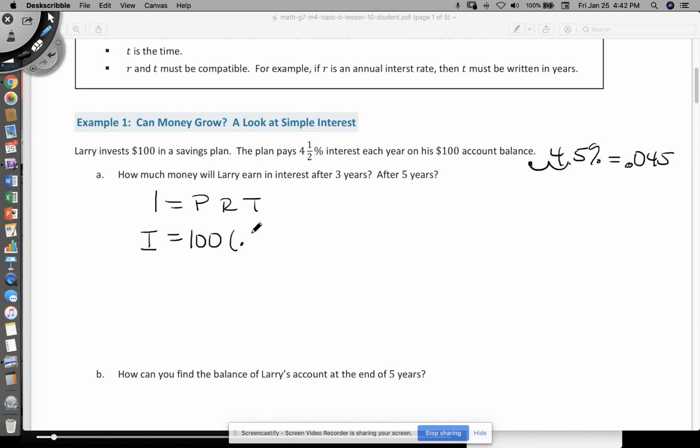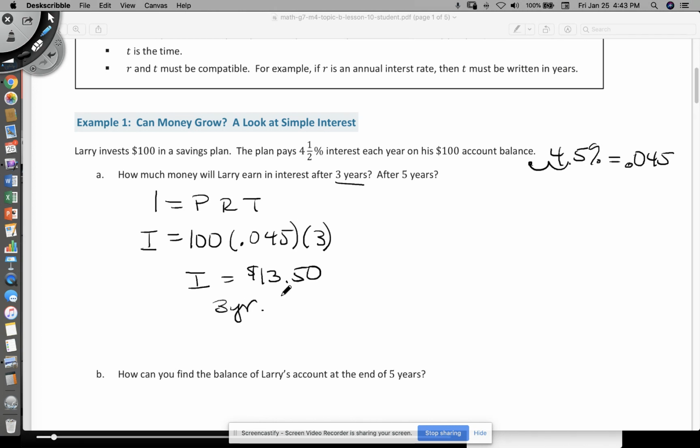I'm going to multiply by 0.045, and this is in a duration of 3 years, so that's my time. Take your calculators out, multiply that all together, and you should get the interest is $13.50. So in 3 years, he'll make $13.50.